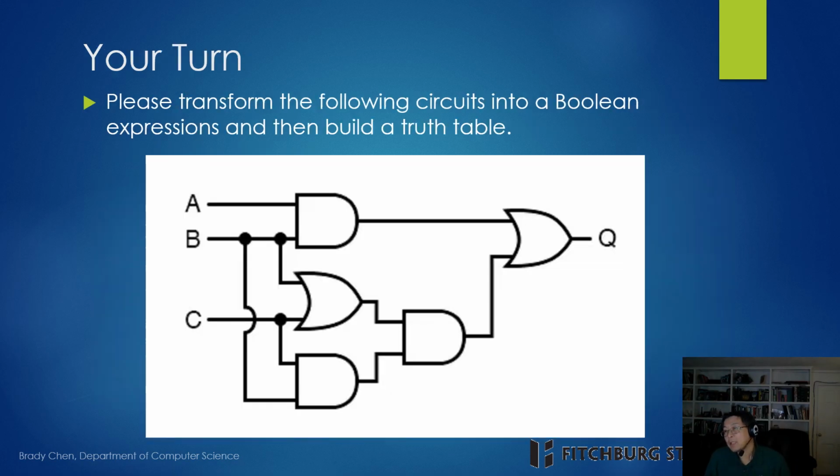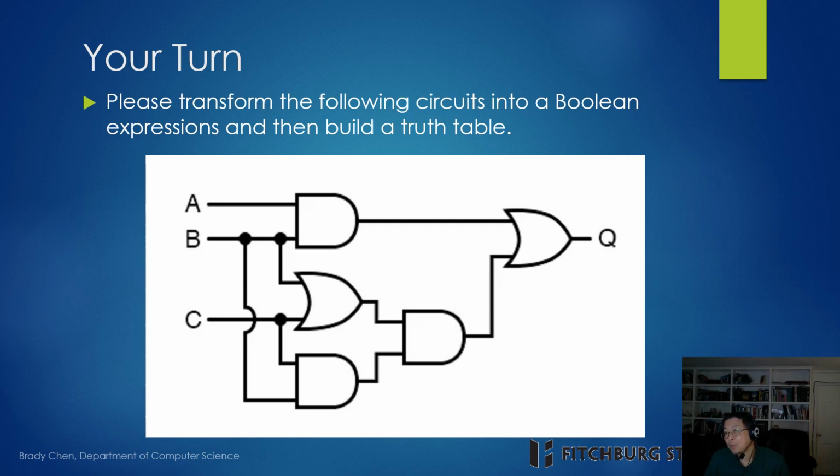Okay, let's wrap up module 2 with this particular problem. Here we have a circuit diagram with three inputs, A, B, and C. The output is Q. Please work on this diagram and try to figure out what the Boolean expression is.